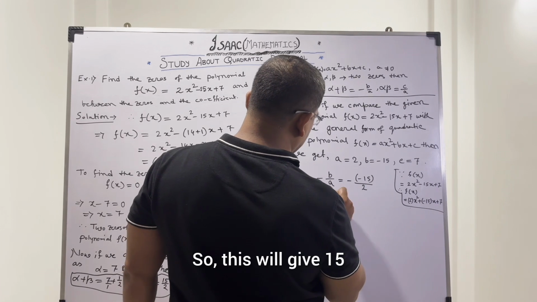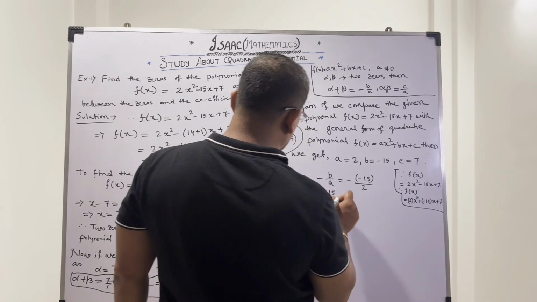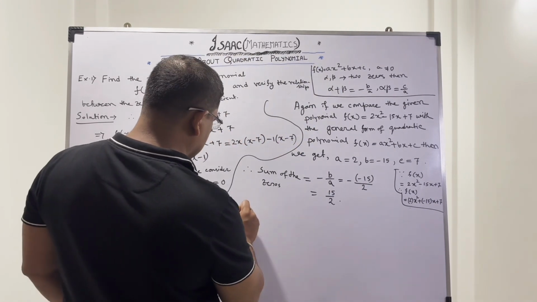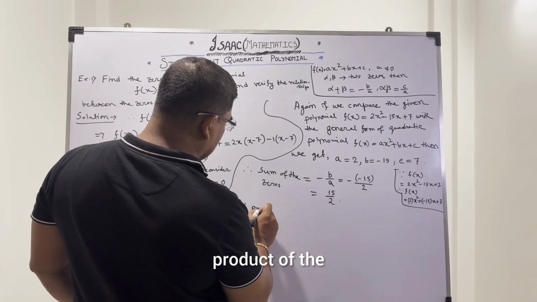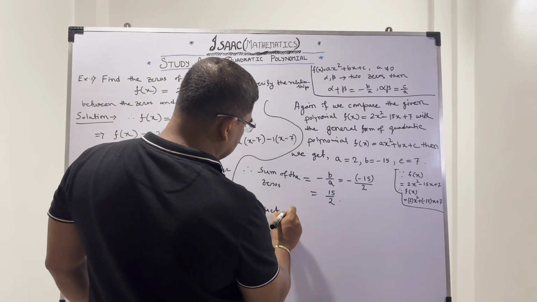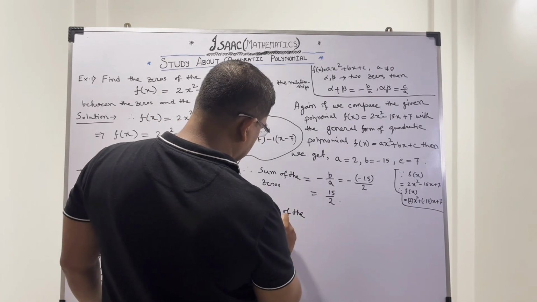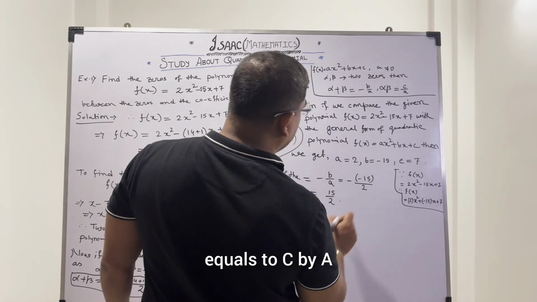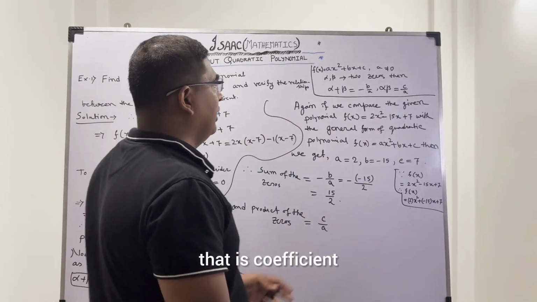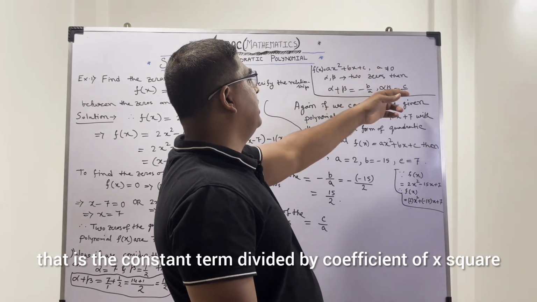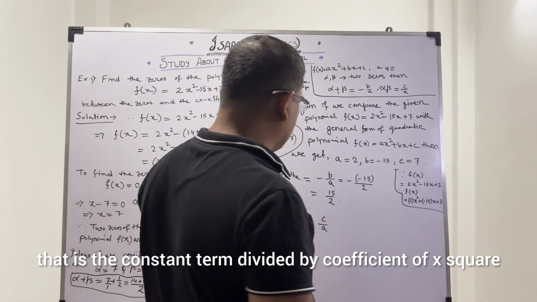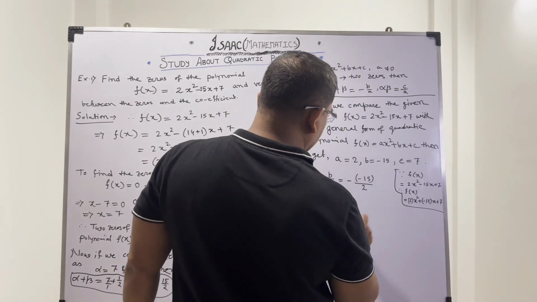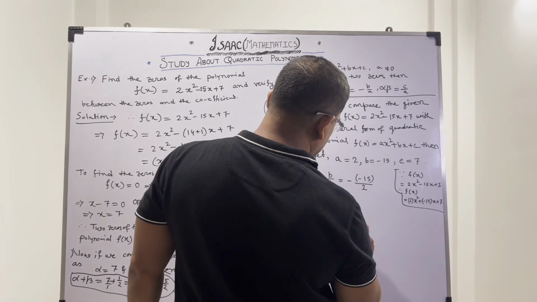So this will give 15 by 2, and the product of the zeros equals c by a, that is the constant term divided by the coefficient of x square. Here c means 7, a means 2.